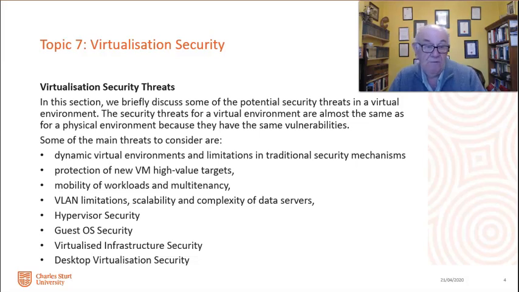You have issues around virtualized infrastructure, and so suddenly this starts to become much more interesting. How do you put that together, and how do you secure a virtual infrastructure? And of course, if you're providing virtual desktops, then the security issues around that are somewhat different again to, the same but different to, that you would find on a standard physical desktop.